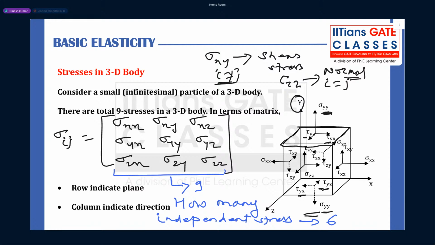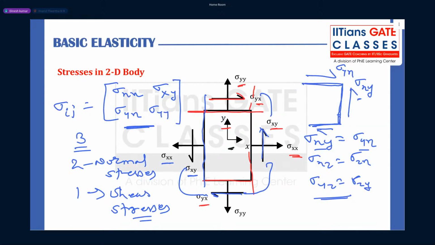You have 3 normal stresses: sigma xx, sigma yy, and sigma zz. Then you have independent shear stresses sigma xy, sigma yz, and sigma zx. So total how many? Abhirup, very good, 6. So total 6 are independent stresses.